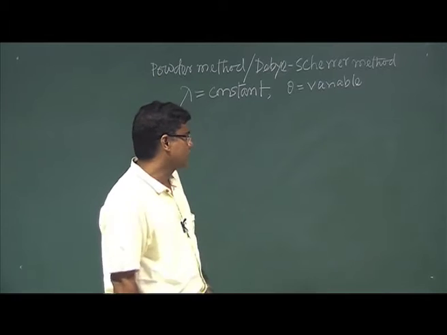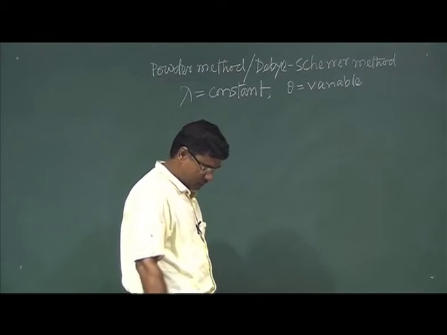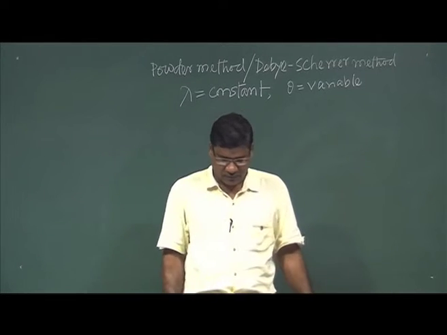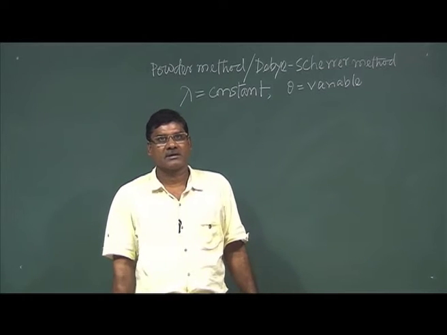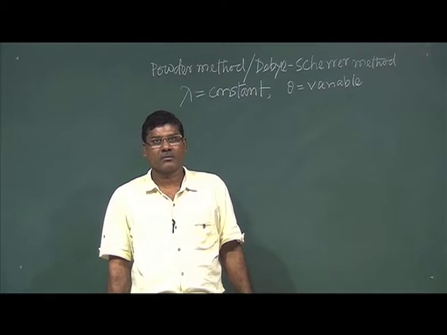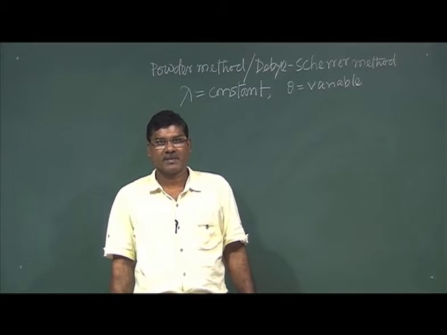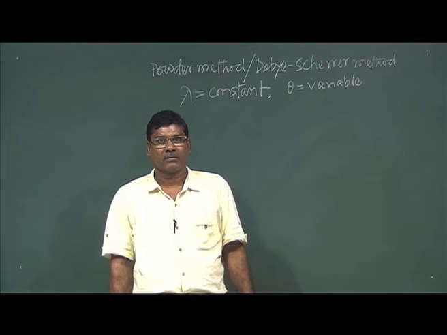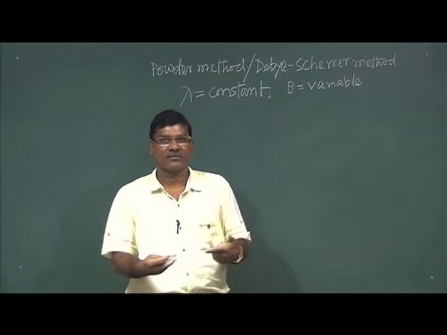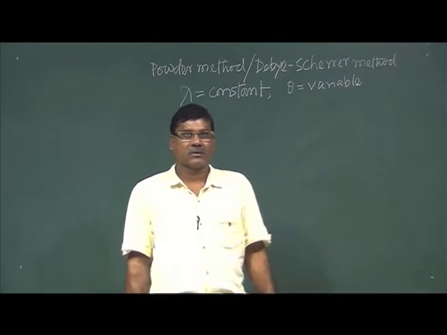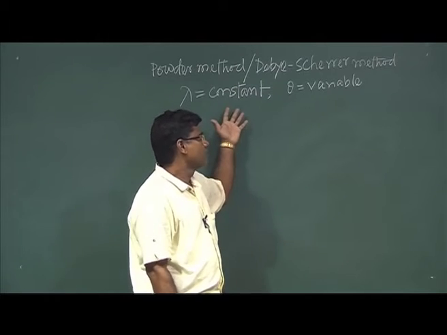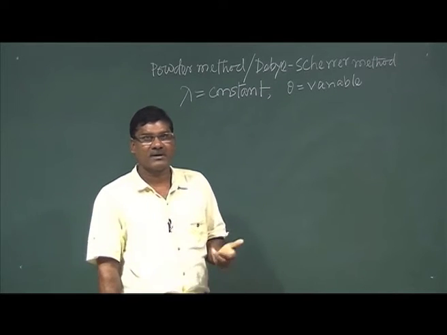The information is mainly the same. We want to know the crystal structure, we want to determine the crystal lattice parameter, and which type of lattice it is. But different methods have different advantages.